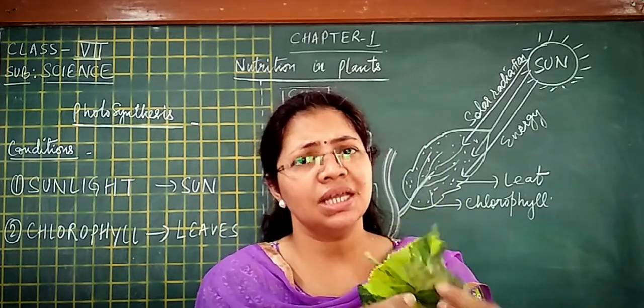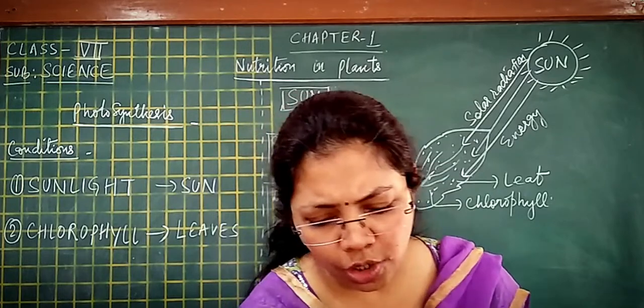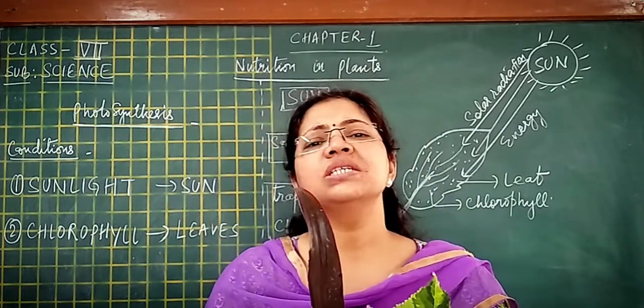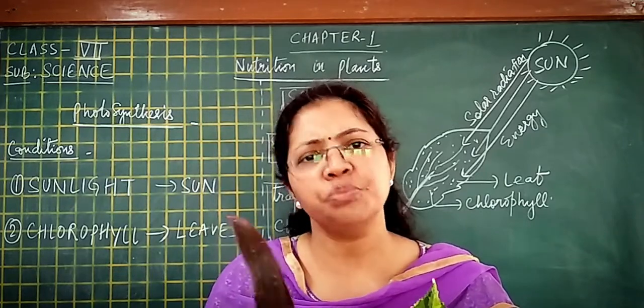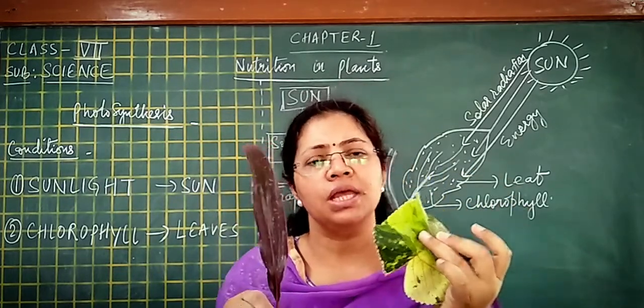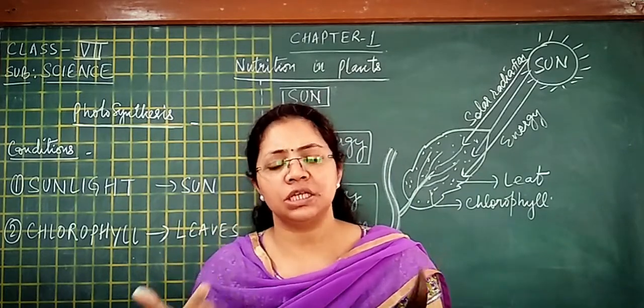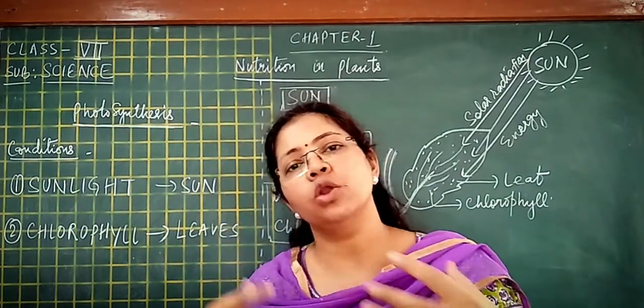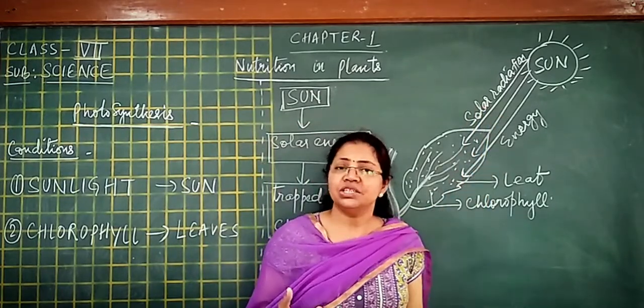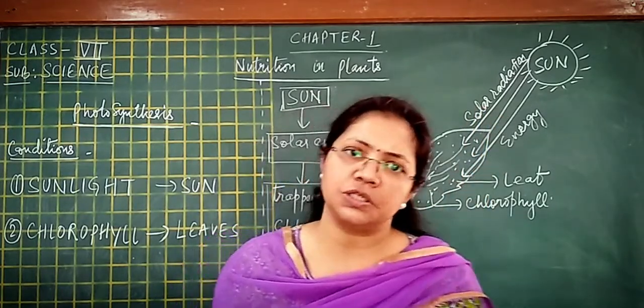But since all these different colored leaves contain chlorophyll, although in smaller quantity, because of that chlorophyll only they are able to perform photosynthesis by trapping the solar radiations.